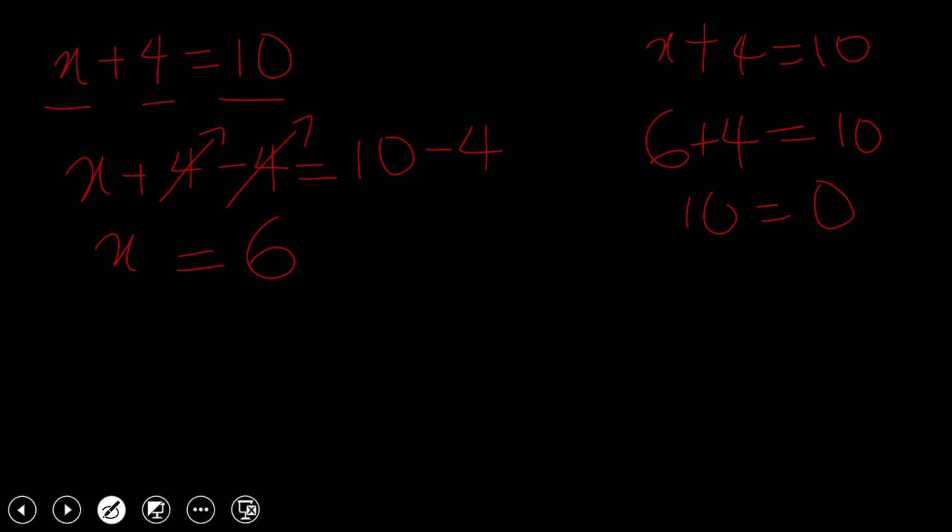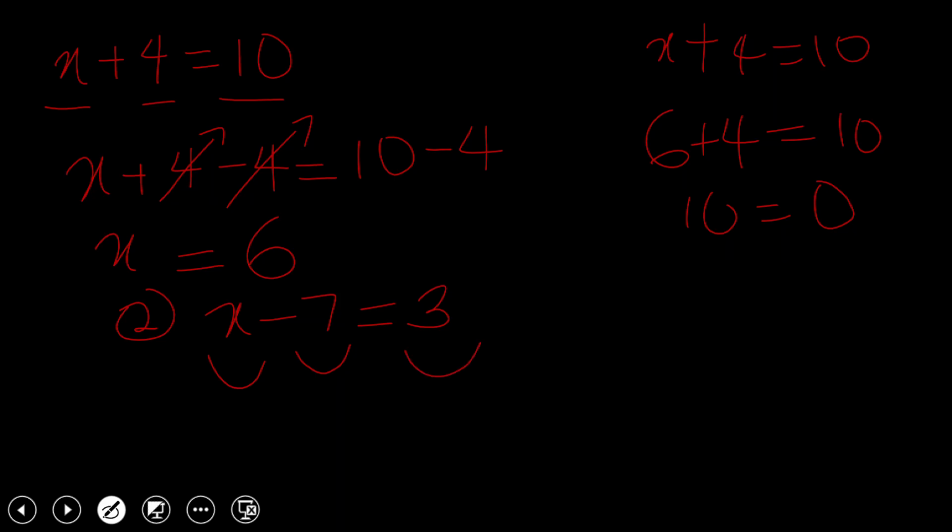Another example is x minus 7 equals 3. This is saying that a number minus 7 must give us 3.